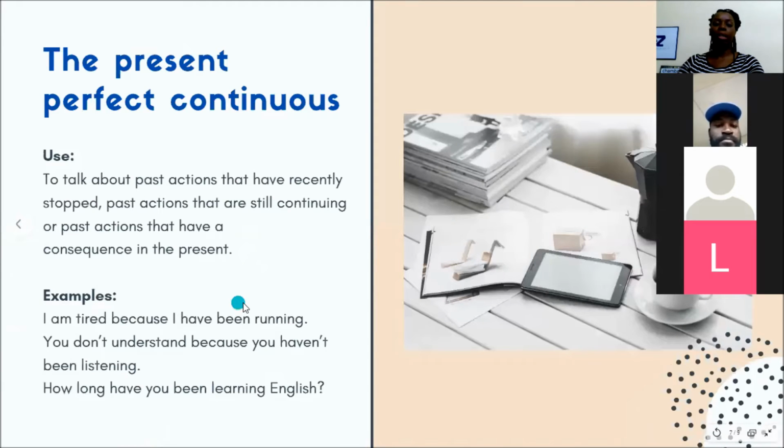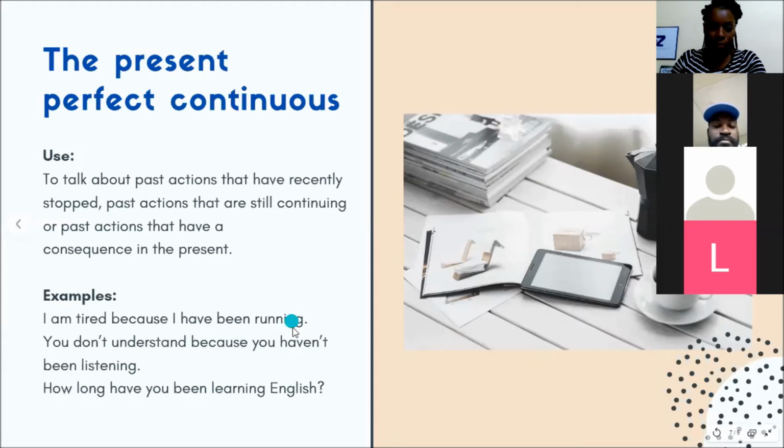Let's look at examples. To talk about a past action that has recently stopped: I am tired because I have been running. So the present perfect continuous is this part of the sentence. I have been, which is like the present perfect, and then running, you add a verb with the ing.